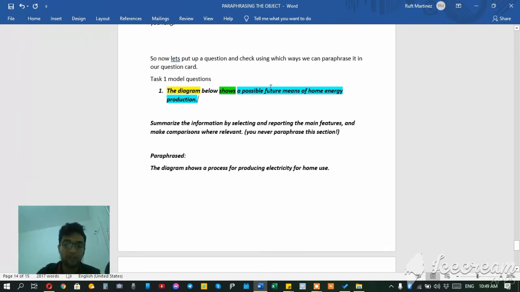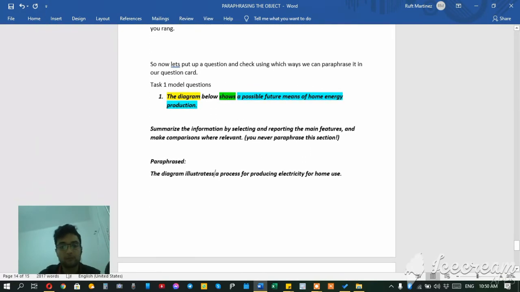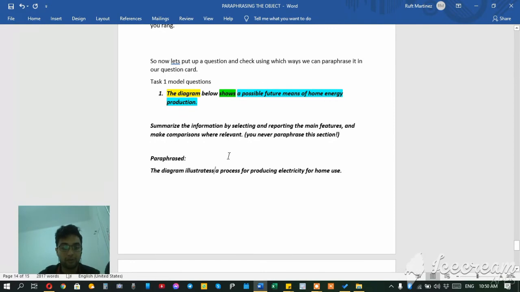Now let's paraphrase the object using a WH clause, using a simple noun phrase, or using other forms of verbs like the ing form. The diagram shows. The diagram illustrates, using one of the verbs from the vocabulary of the verbs above. Illustrate what?